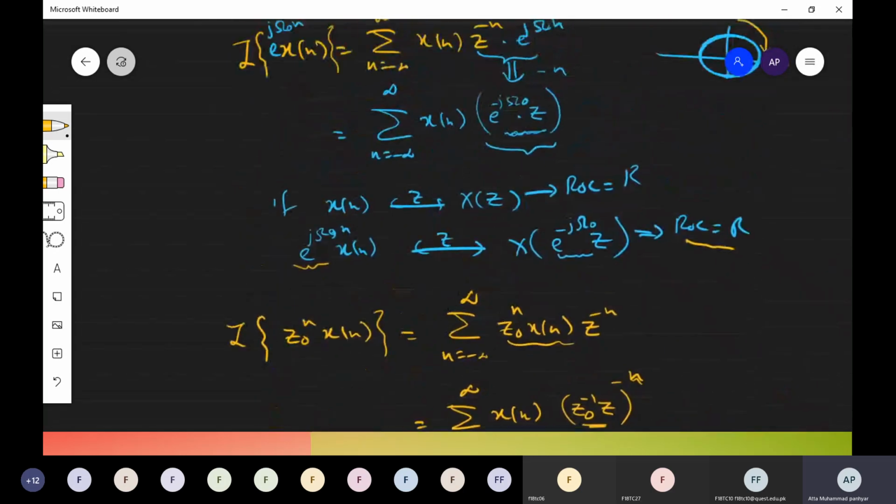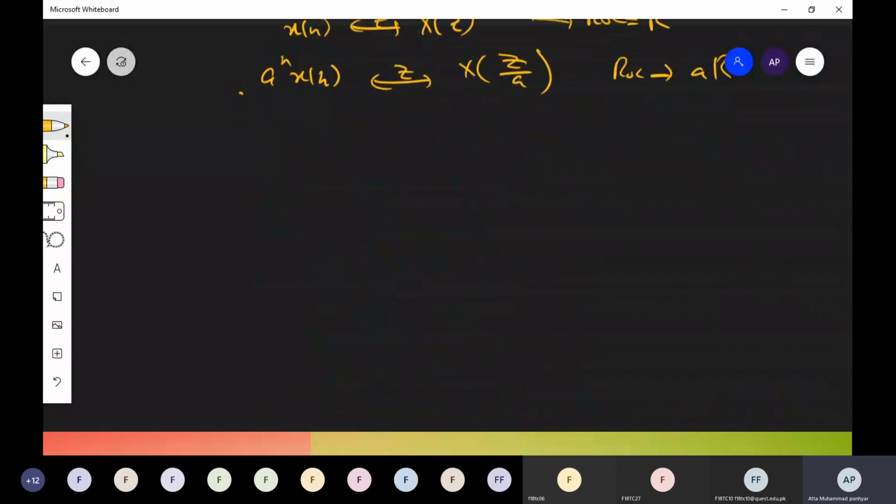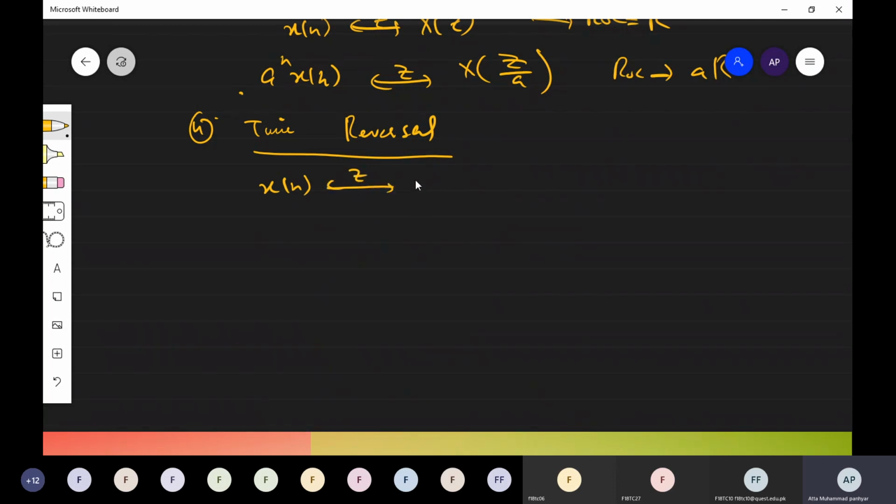The fourth property in the list, after the third property, is time reversal. So if we have x of n and its z transform is x of z, then if we have x of minus n, what must be its spectrum?